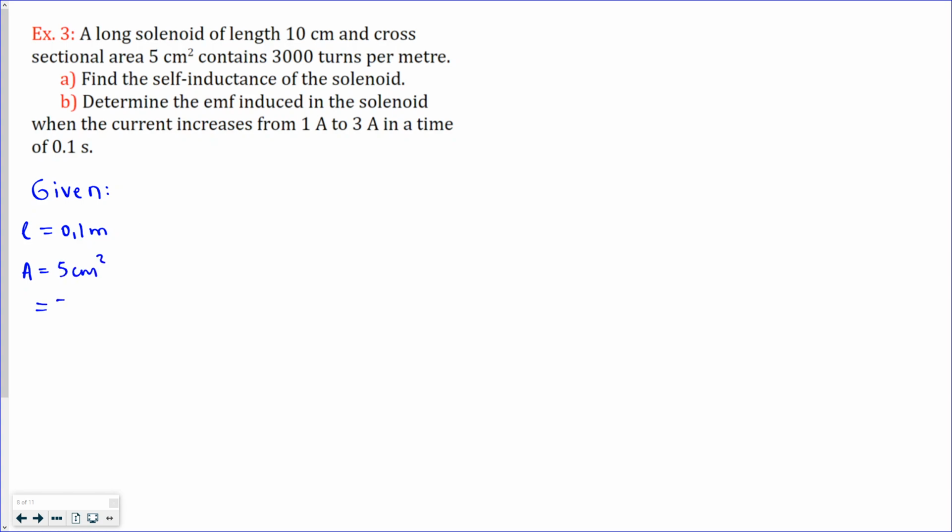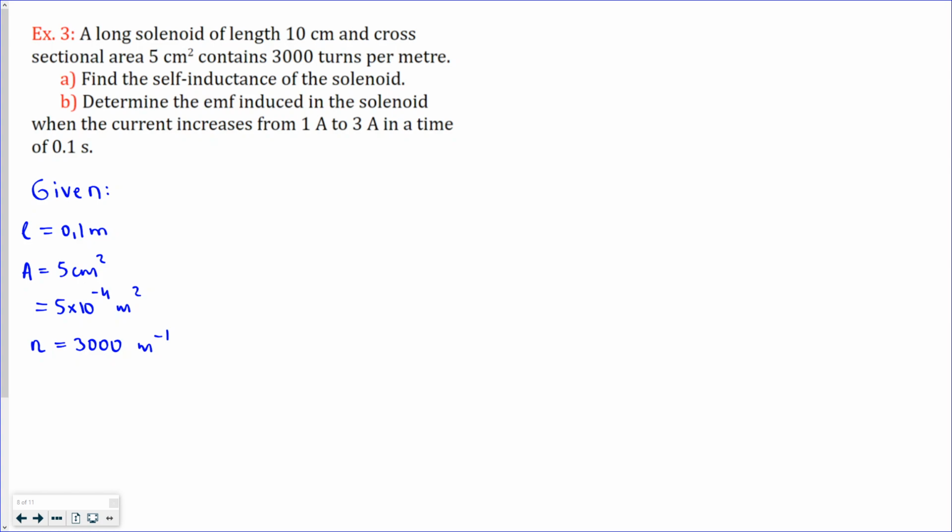We can write it as 5 times 10 to the minus 4 meters squared. And we also have the number of turns, 3000, but that's not the number of turns actually, that's the turns density, because it is 3000 turns per meter, meter minus 1.